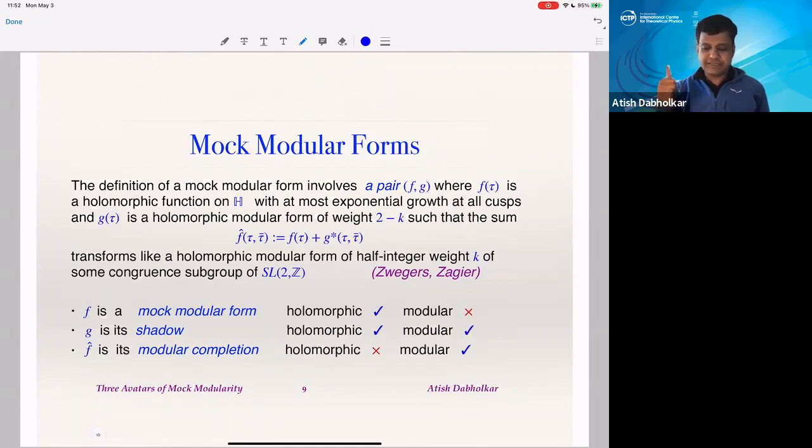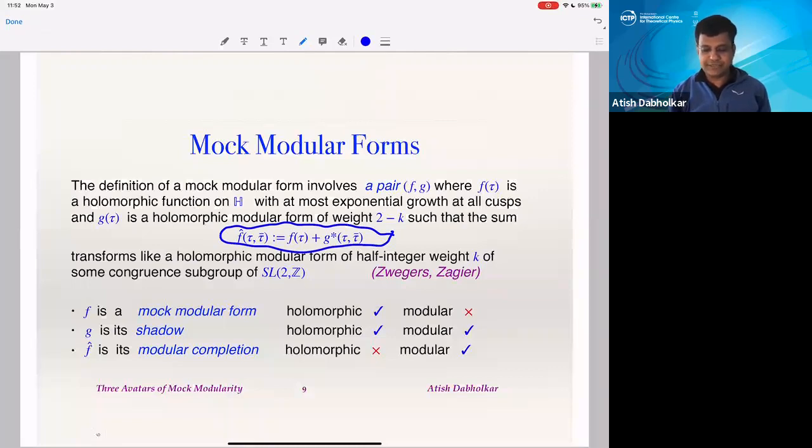It's not defined just by one function, where f of tau is a holomorphic function on H, with at most exponential growth at all the cusps. A cusp is like tau equal to infinity, imaginary tau. And g of tau is a holomorphic modular form of weight 2 minus k, such that the sum f hat, which is equal to f of tau plus g star, I'm going to tell you what g star is, transforms like a holomorphic modular form of half integer weight k of some congruence subgroup.